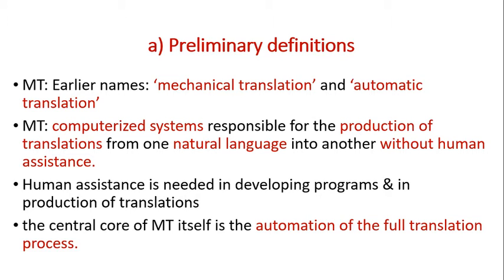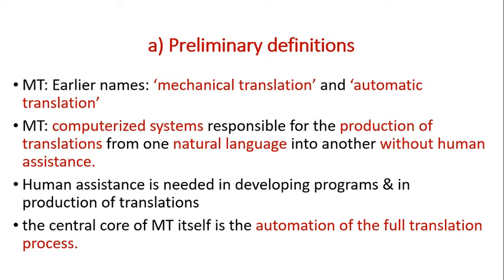Without human assistance, this clarification is very important because the ideal of machine translation is that there is a source text input from one side, and the result is the target text output without human assistance. This is the ideal definition of machine translation.